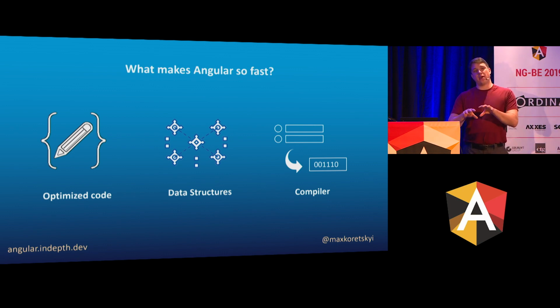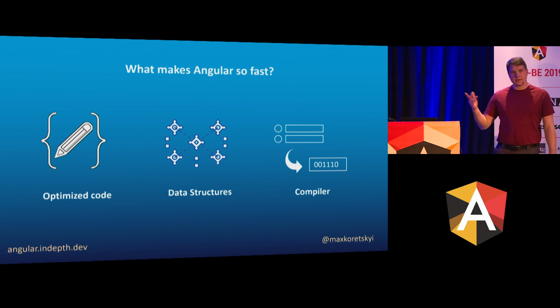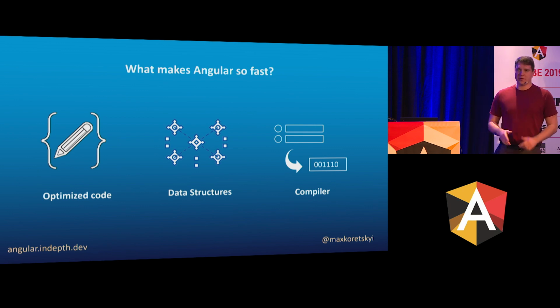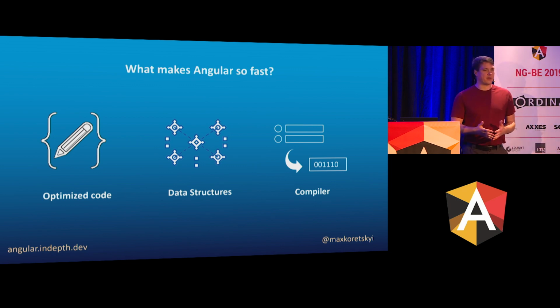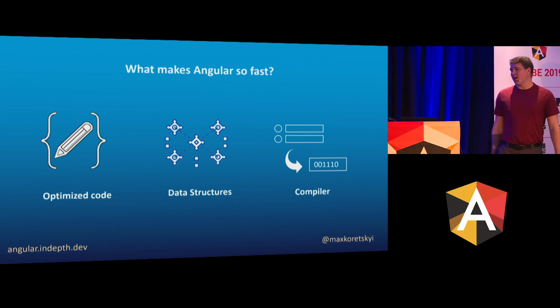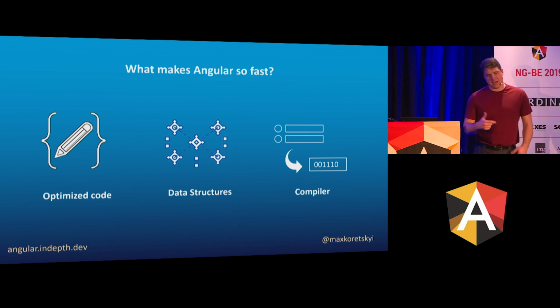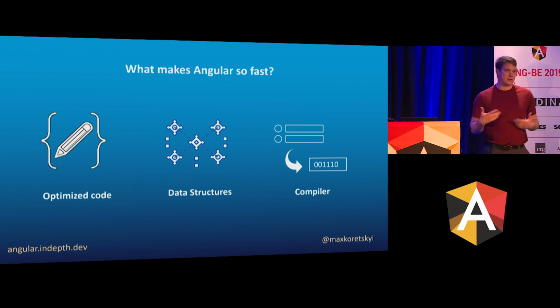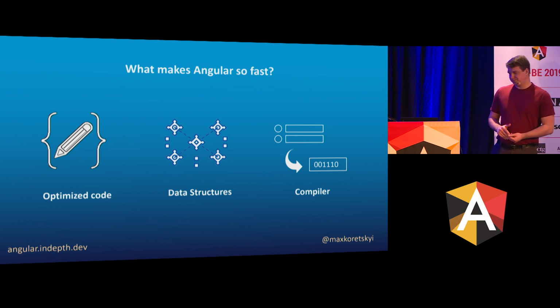And together, they make the system very performant. And Angular actually uses one kind of such data structures known as Bloom filters, and we'll become familiar today with it. And also, it helps if you have a compiler. And does Angular have a compiler? Yes, I think this is one of the things that makes Angular maybe more complicated than other frameworks, because sometimes you need to figure out the errors with the compiler and what it's actually doing.